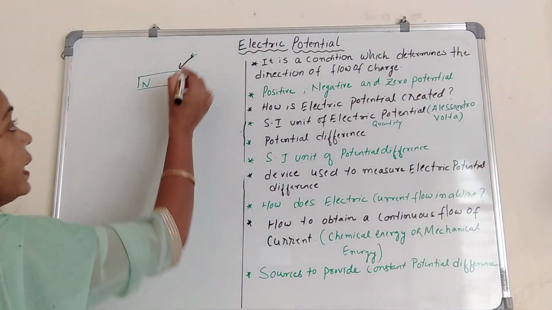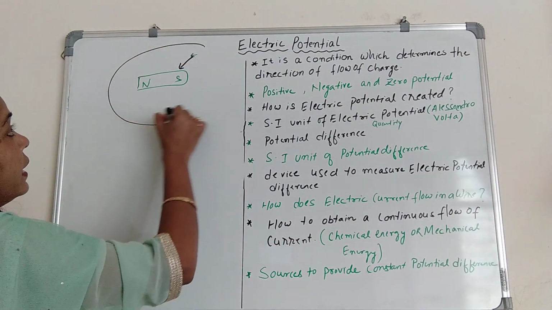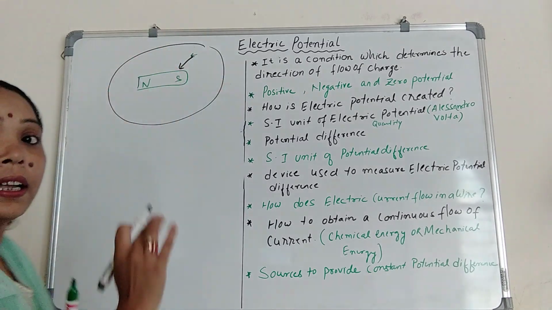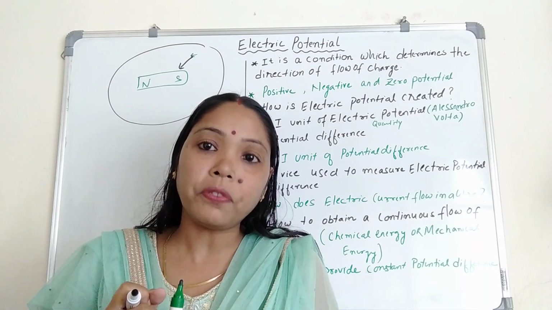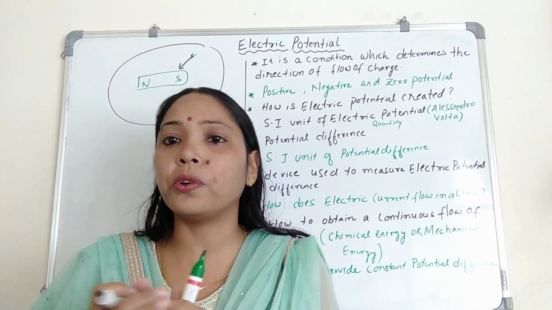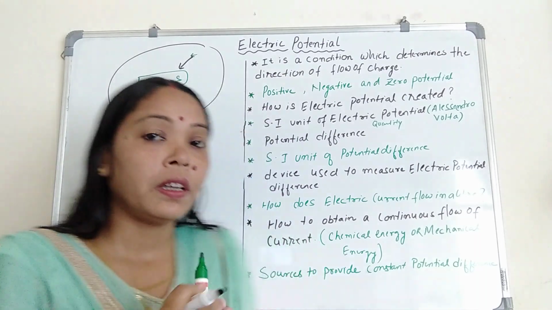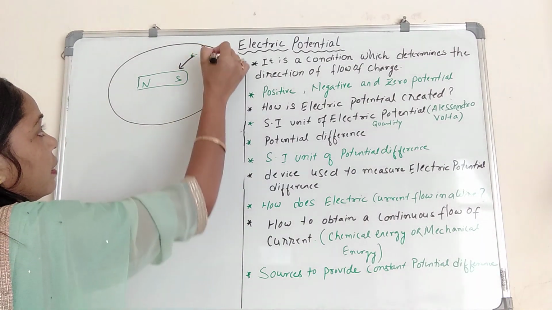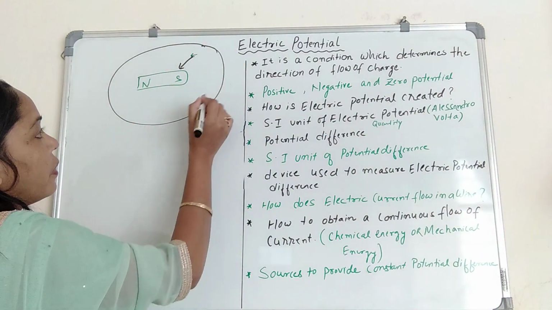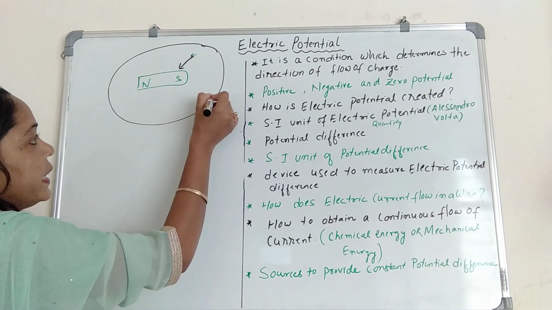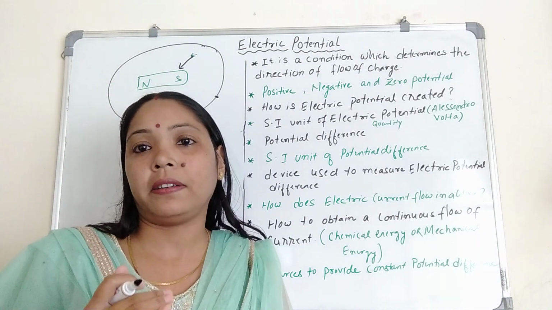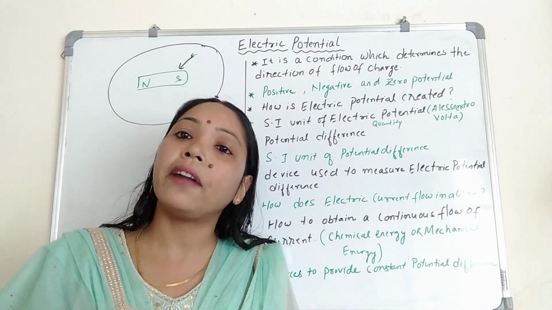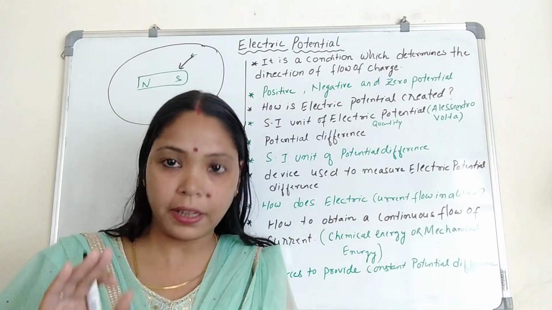It means it has a certain region till where the magnet can create its force of attraction or force of repulsion. So this circle I drew represents the region till where the effect of the magnet can be felt, meaning force of attraction and force of repulsion can be felt.